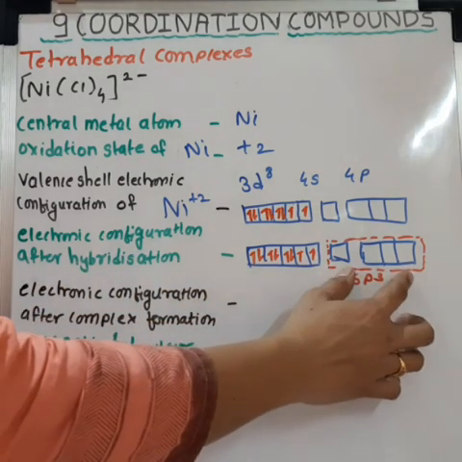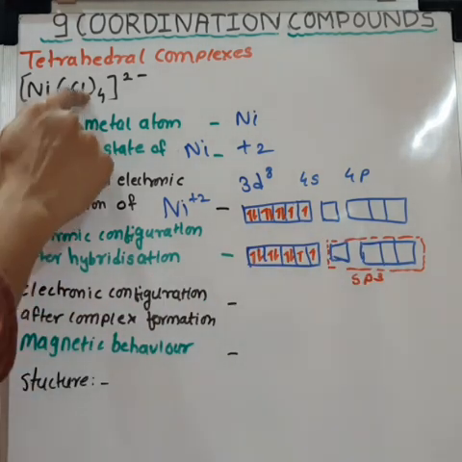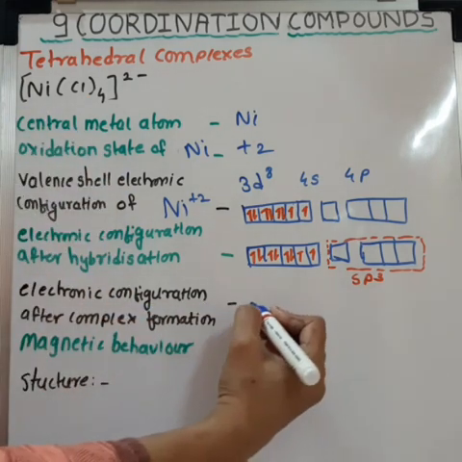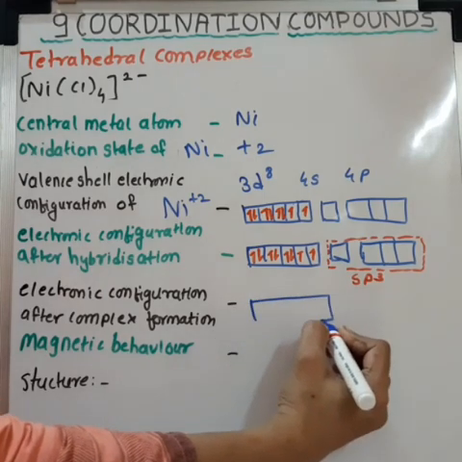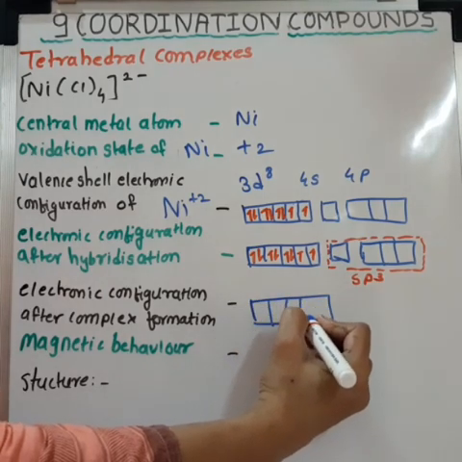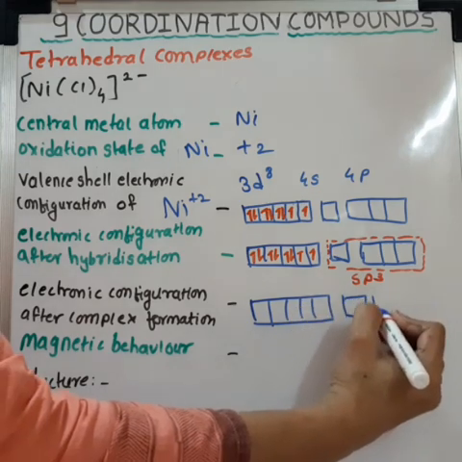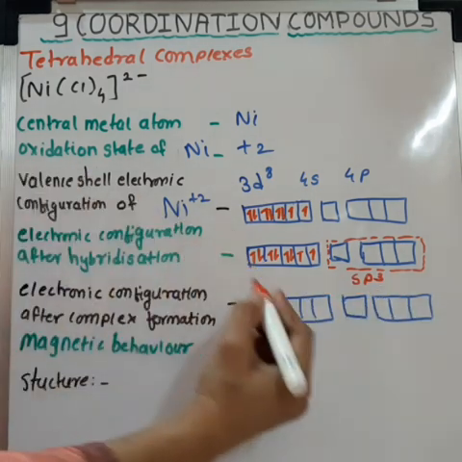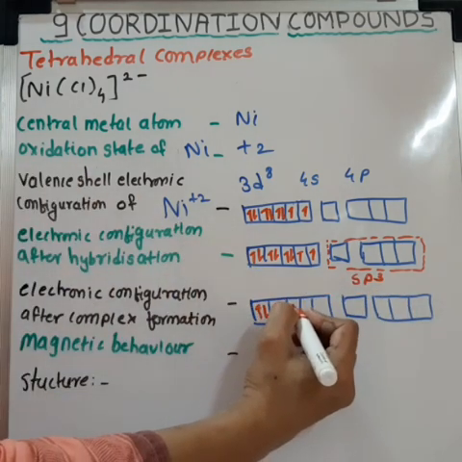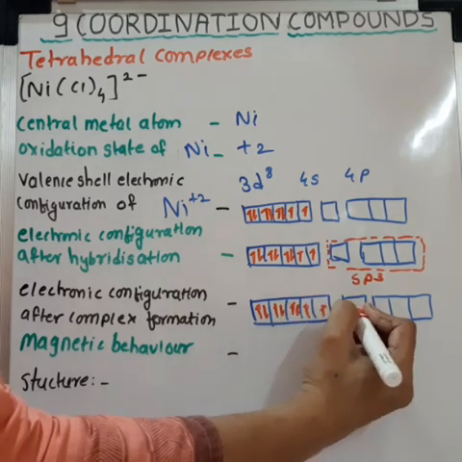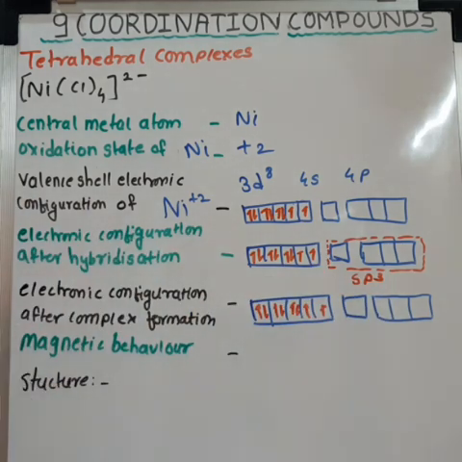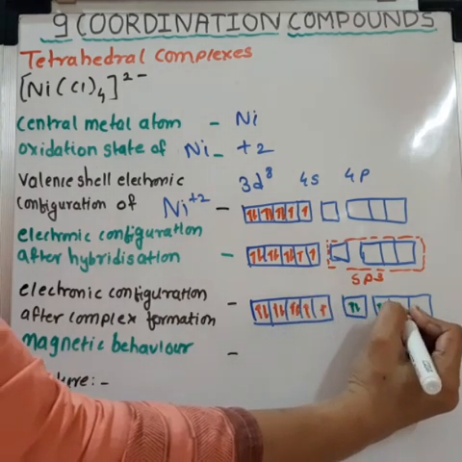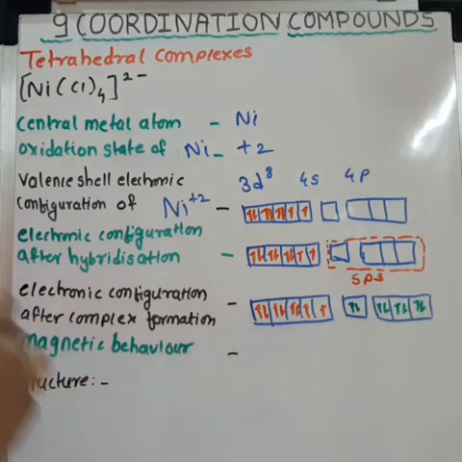Now these vacant sp3 hybridized orbitals overlap with chloride to form coordinate bonds, and the electronic configuration after complex formation will be: these electrons are shared by chlorine.